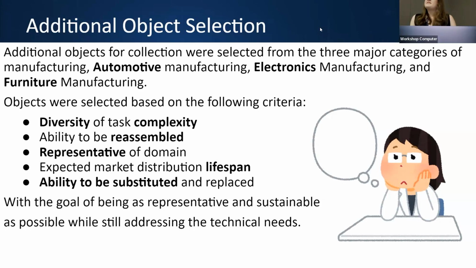So we can see the market trends here of when these objects come in and out of the lifespan and how much we'll need to replace over time as we see this pattern. And then all of this is with the goal of being as representative as possible, while also being sustainable and addressing technical needs. And that's one of the objects.